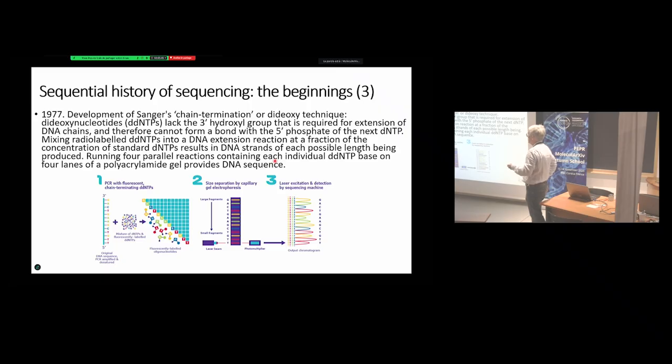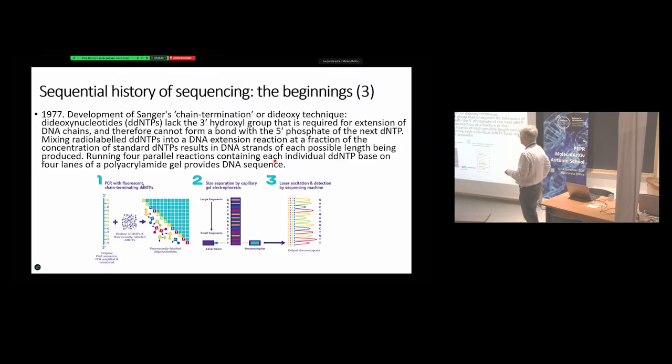And so by using a mix of dNTP and dideoxy NTP during a DNA extension reaction, there will be a stop of the reaction at the place where the dideoxy has been incorporated. And again, you will have a ladder with different chains that you can identify.